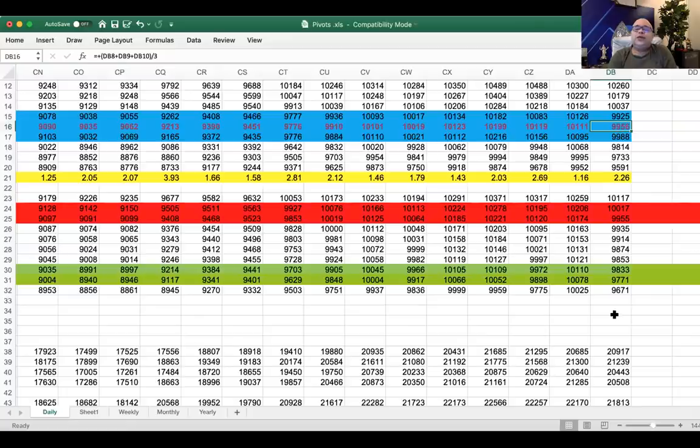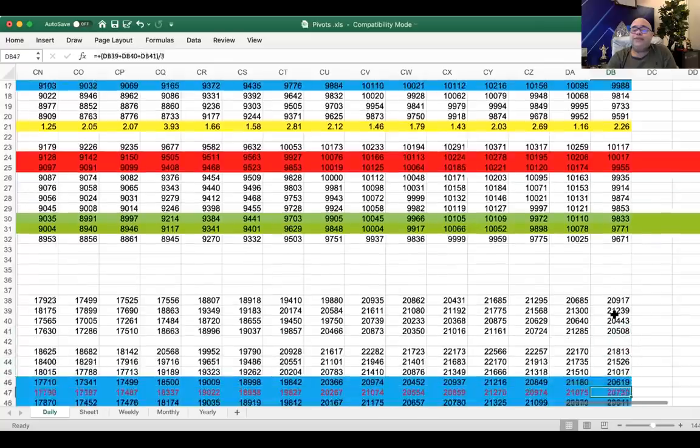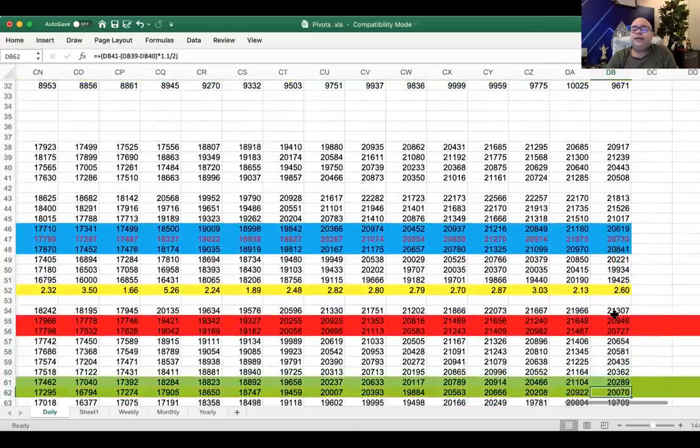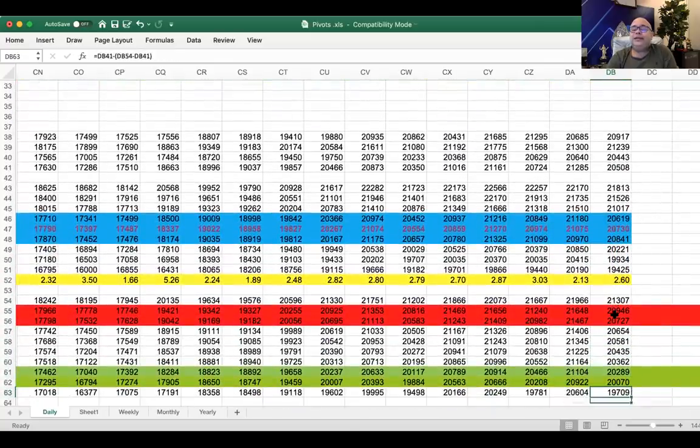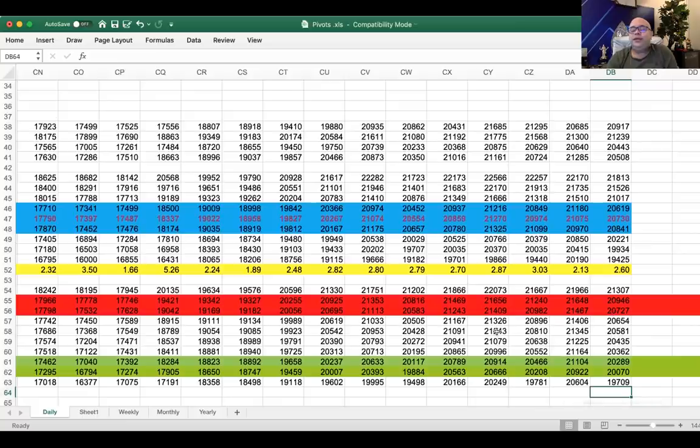Now let's look at the Bank Nifty's levels. For the day, you have support at 20,000 and 20,289. You have resistance at 20,727 to about 20,946.